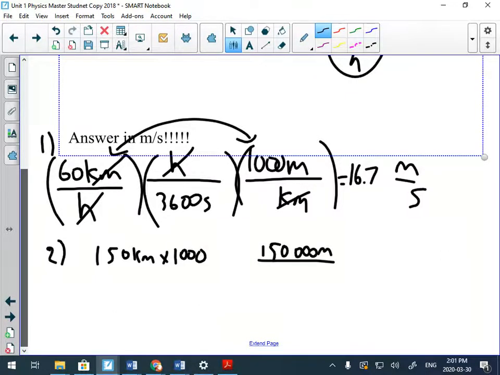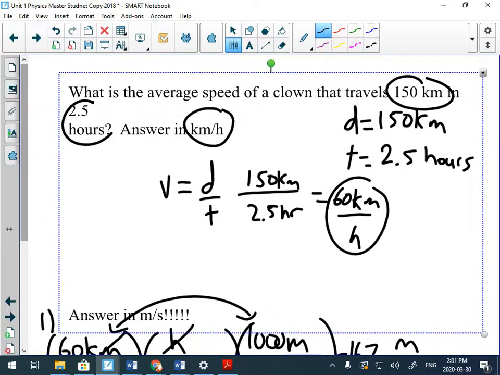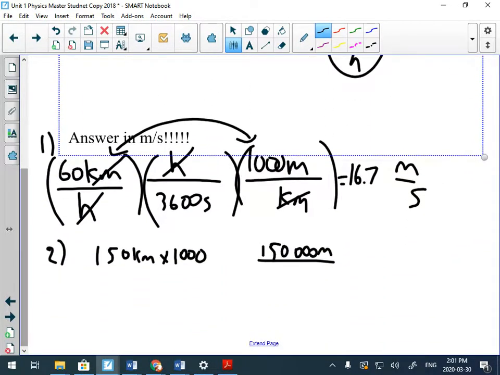And then what we're going to do is, how far did we go in time? What was our time? 2.5 hours. And we could times that by 3,600 because that's how many seconds there are in an hour. 2.5 times 3,600. And we get 9,000 seconds.